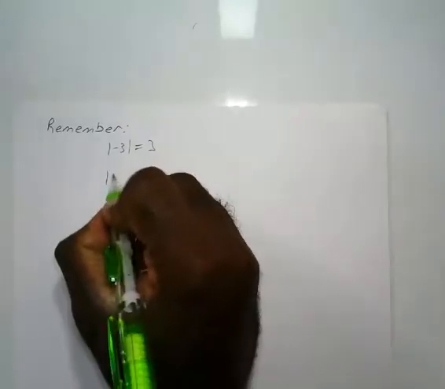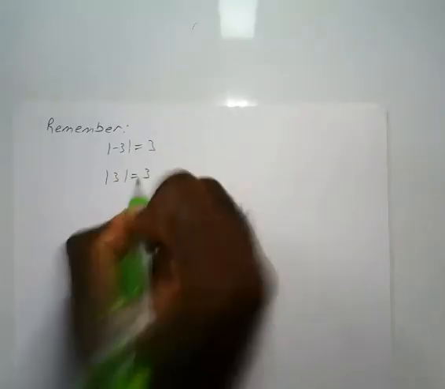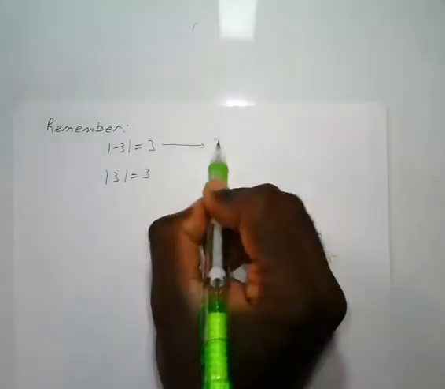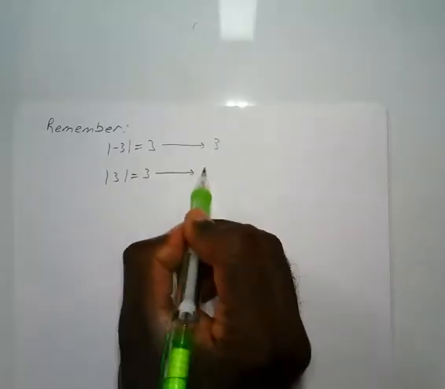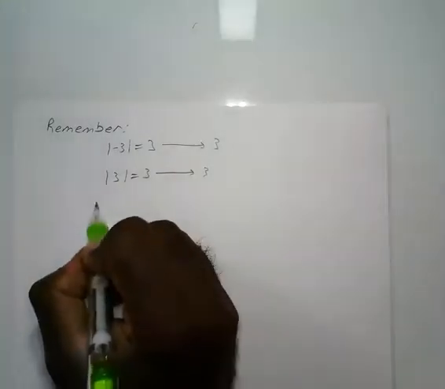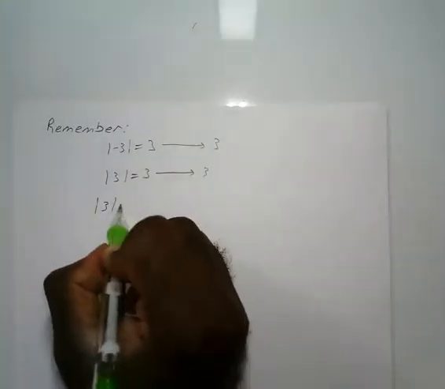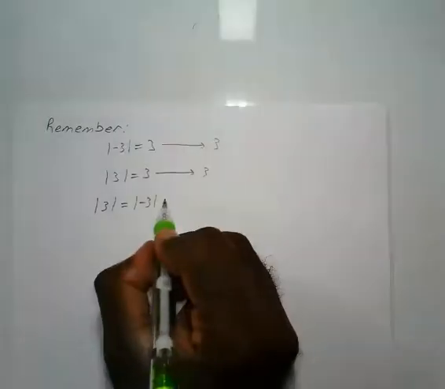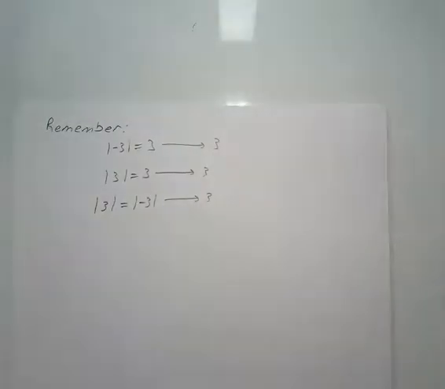And we know that the absolute value of positive 3 is equal to 3. Now this answer is equal to 3, and this answer is equal to 3, then that means that the absolute value of 3 is equal to the absolute value of negative 3, because the answer for both of those would be 3.